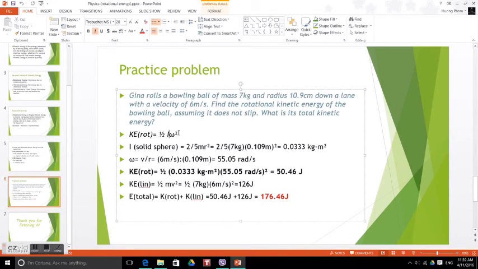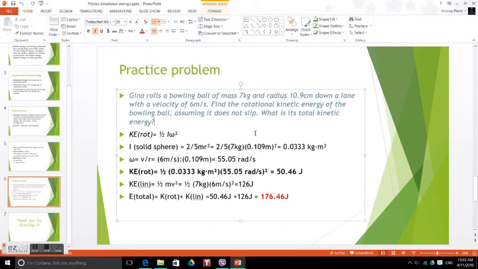Now we need to find the angular velocity. We know that the angular velocity is equal to v over r. The velocity in this problem is 6 meters per second, and the radius is 0.109 meter.